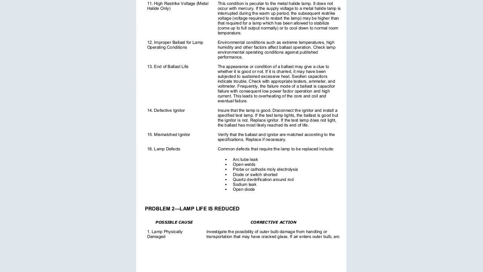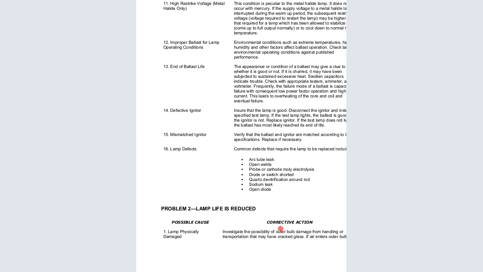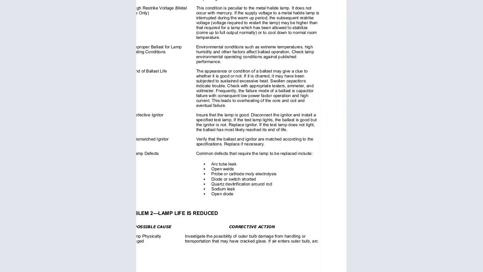Another problem is the lamp life is reduced. And remember, the first problem was the lamp does not want to start. So what about the problem of the lamp life is reduced? If that is the problem, then the possible cause will be the lamp is physically damaged. Investigate the possibility of outer bulb damage from handling or transportation that may have cracked the glass.